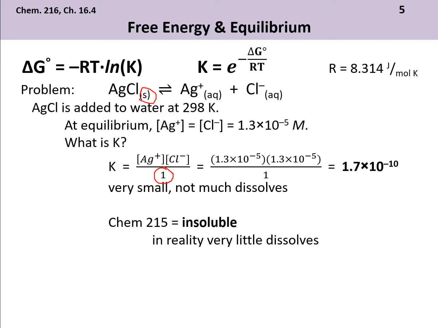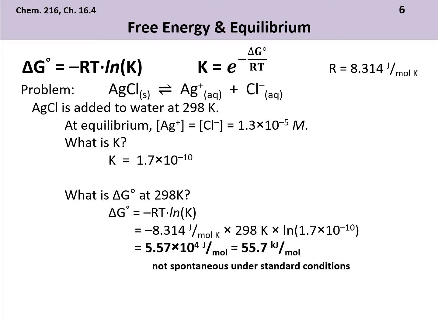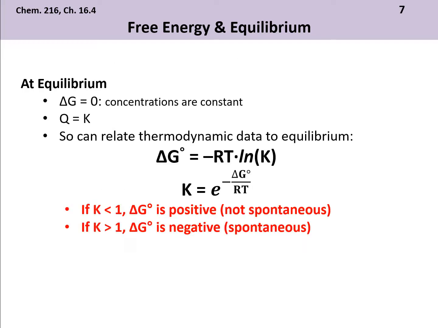Why? Because it's a solid, so we just put a 1 in its place. We find our K. It's really small. And then we plug that in and we can get our delta G. Notice that under these conditions, it'll be non-spontaneous.